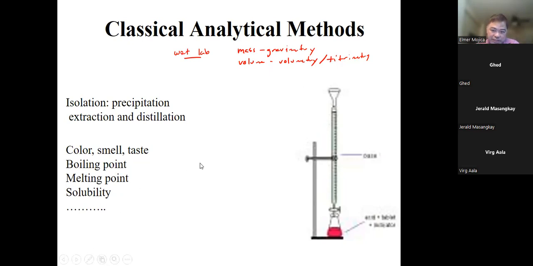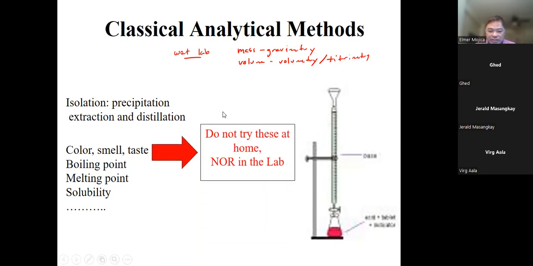And typically, we separate the wet lab from the instrumental lab. If it's instrument, we don't do wet lab there. Okay? Because we don't want contamination in our instrument. And if you have a classical analytical method, you cannot do it at home. So do not try this at home, nor in the instrumental lab.